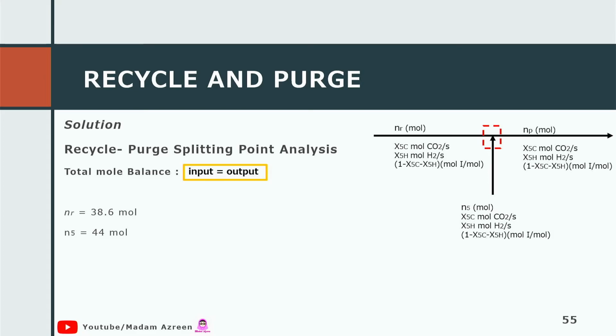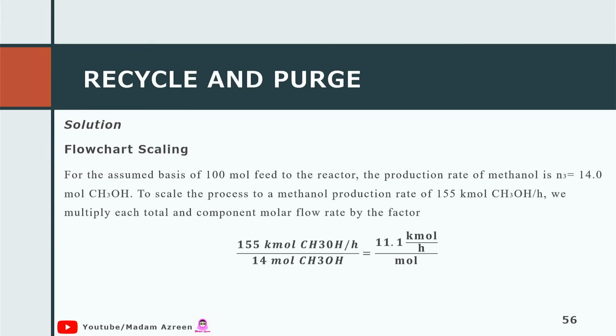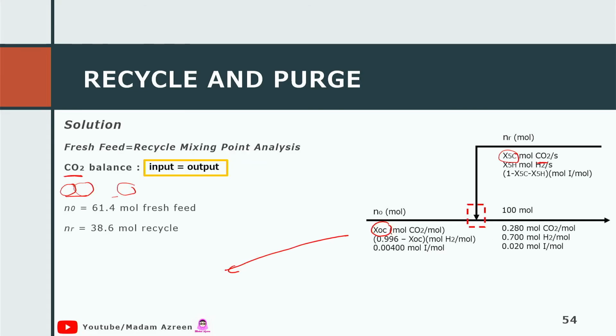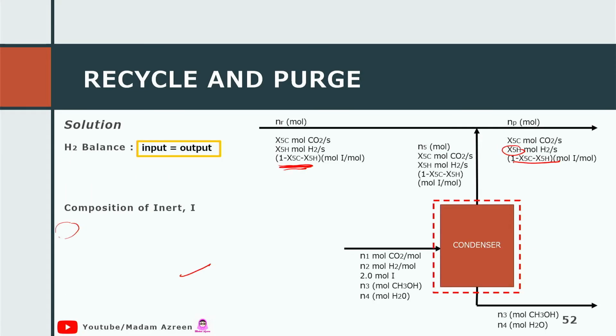And then the total balance at the recycle splitting point. You already know Nr and N5, so you can determine NP. We want to determine for 155 kilomole of methanol, meaning all these streams have to be multiplied by a coefficient.